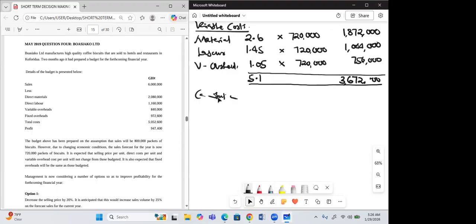It doesn't come out clearly, and those who watch, since this is going public, I'm very careful. 2.4 per unit. And then the total is 1,728,000.